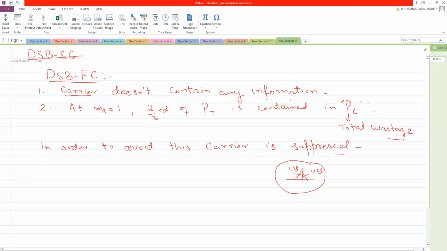And this type of modulation is called double sideband suppressed carrier modulation, that we have already discussed in detail. That means you don't transmit carrier, power is saved here, but you transmit the message signal with both the bands, upper sideband and lower sideband.